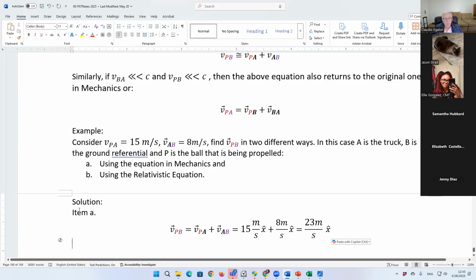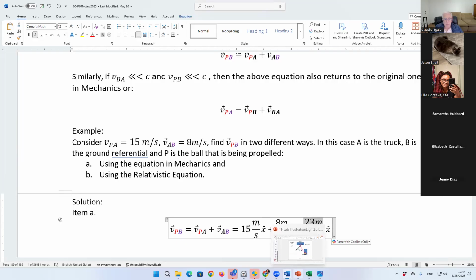So here you go. VP over A is a positive velocity, 15 meters per second to the right side. VA of B is also positive. If the referential A measures the velocity for the ball as being 15 meters per second, this same velocity is measured by referential B as being 23 meters per second.